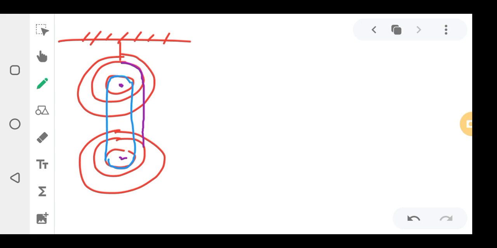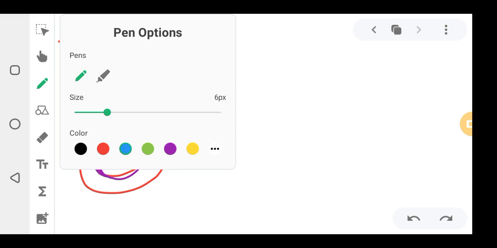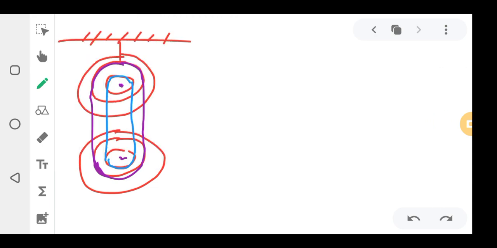It joins this pulley, it goes round, and joins that pulley again. Again this string joins this pulley, it goes round, the same string joins this other pulley this side.